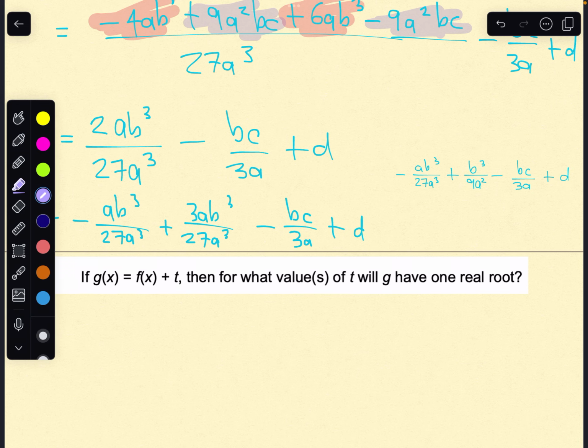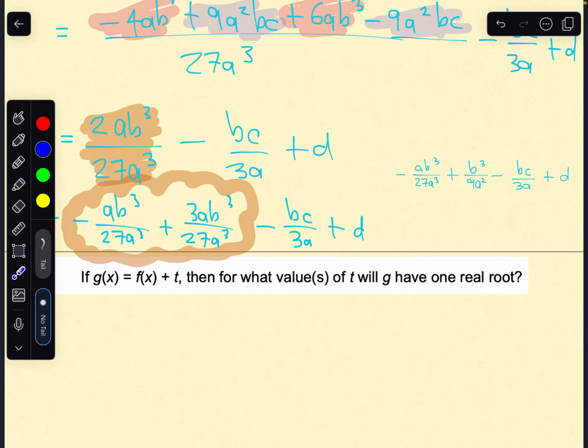So just to recap what we've done here, we have taken this term and spawned it out into these terms. If you add these two together, you will still get this term. But now the nice thing is this term is matching this term. These guys are matching those ones. And now we need to see what this term is going to simplify to. We are going to get minus ab cubed over 27a cubed.